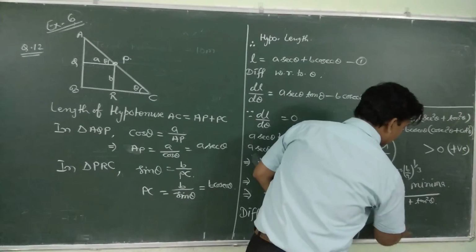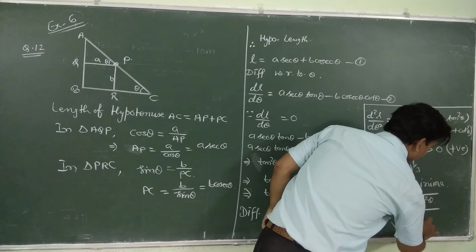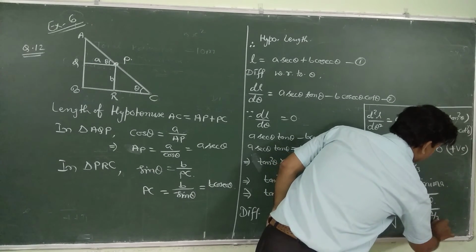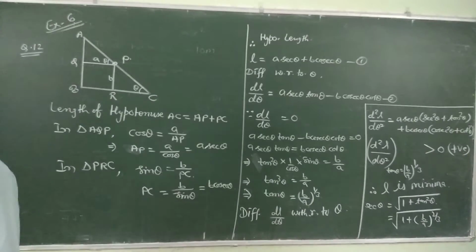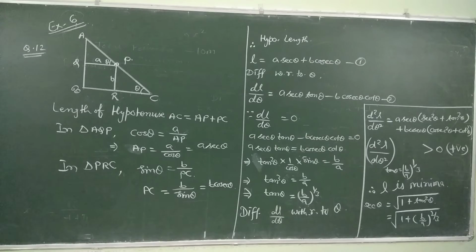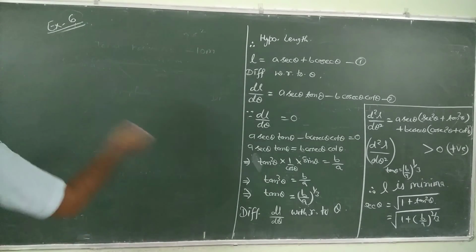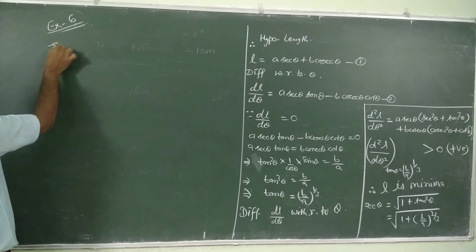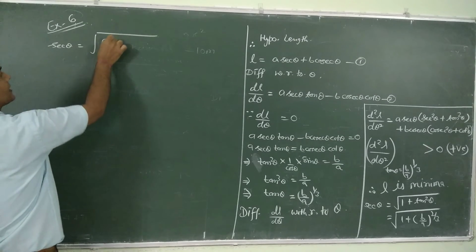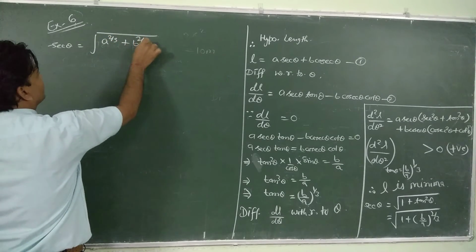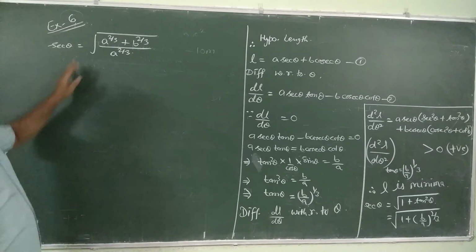Put at this place: 1 plus B by A raised to 2 by 3. Now we take the LCM and find the value of sec theta, which is root of A raised to 2 by 3 plus B raised to 2 by 3 upon A raised to 2 by 3. This is the value of sec.